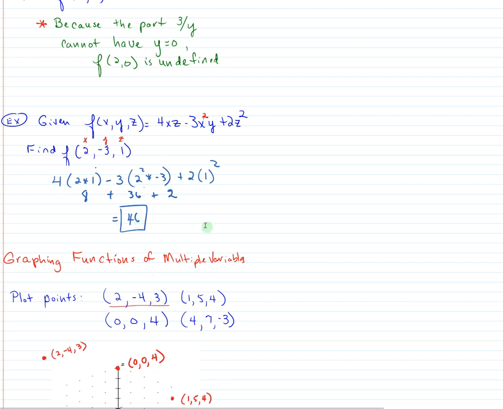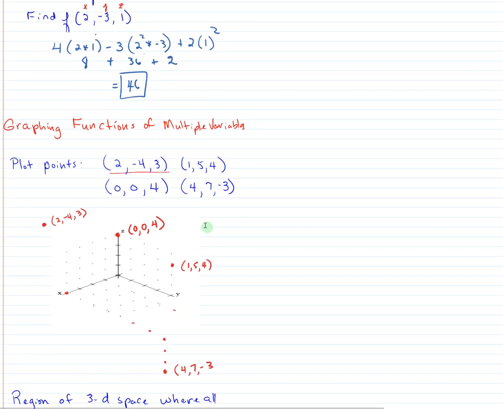Then we're going to have some graphing of functions of multivariables, and that is going to be a three-dimensional type graph. So I've shown here, if you were asked to plot these 4 points, your grid looks like this: X, Y, and Z is the one going up.